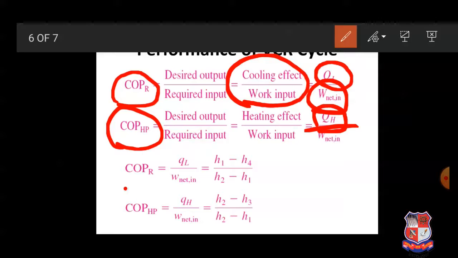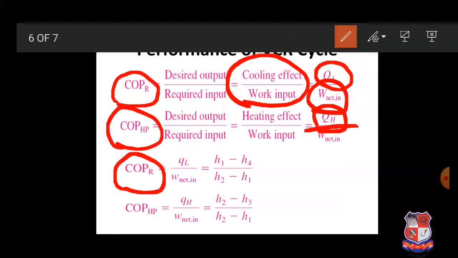Then we can see that COP of the refrigerator is equal to QL divided by W net. QL means heat absorbed at the lower side, divided by the required compressor work. QL means the enthalpy difference of the evaporator side will be considered, maximum minus minimum.